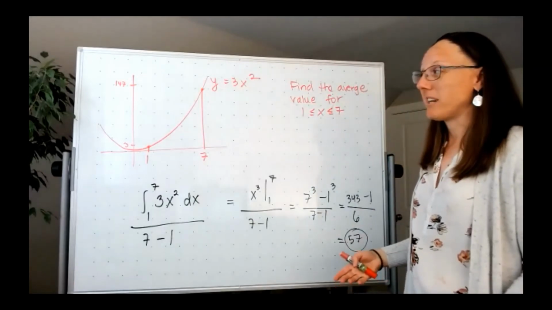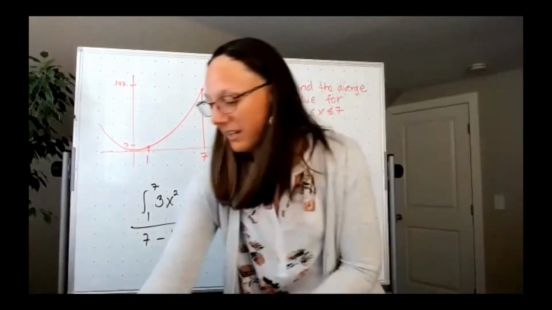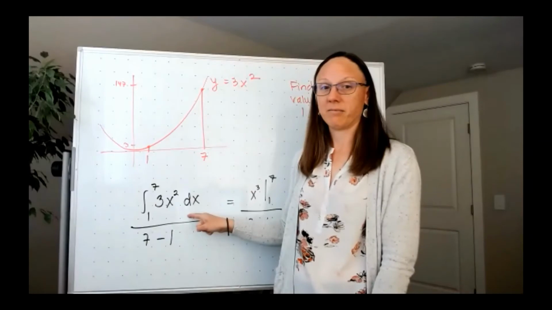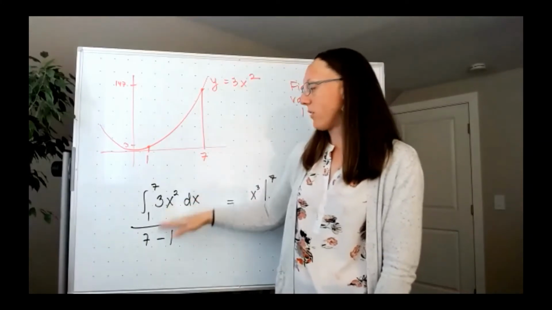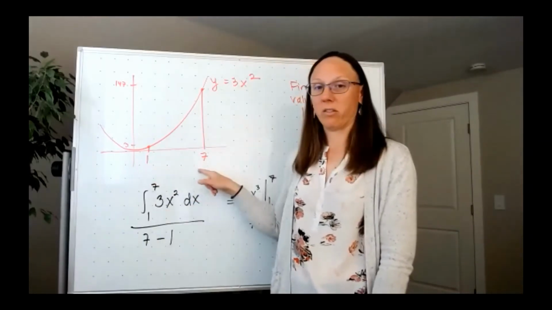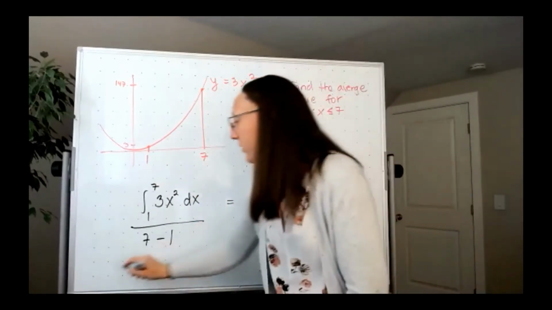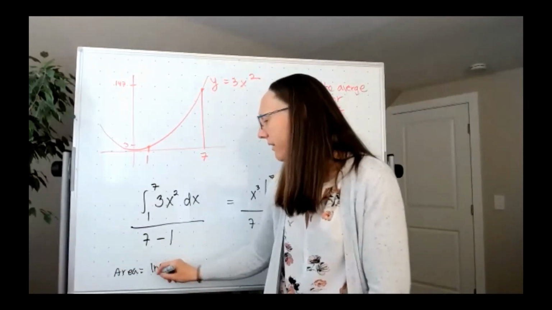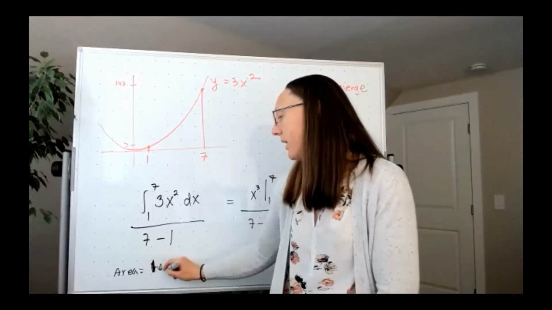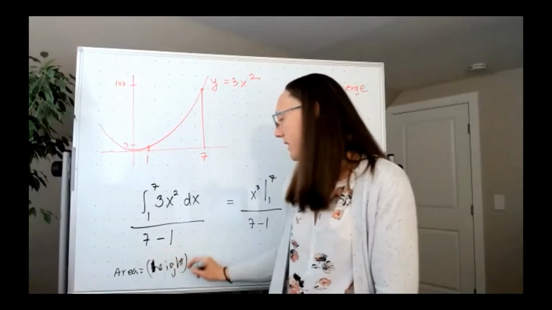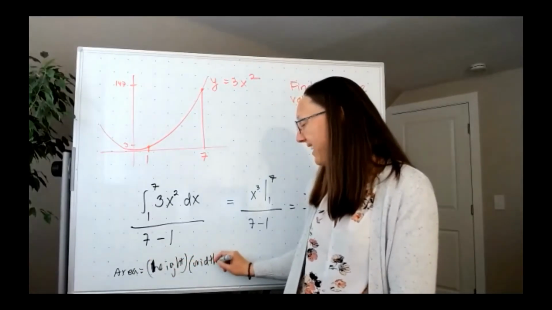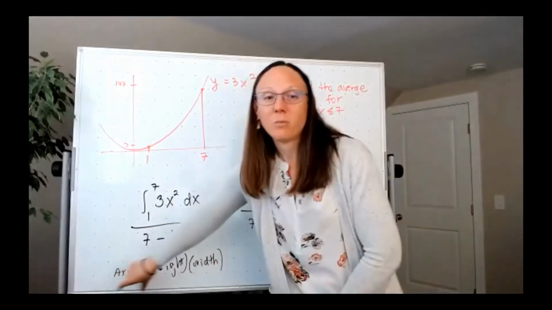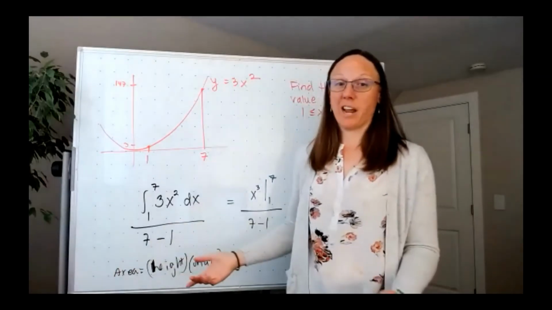The other way to think about this visually is that we took the total area under the curve, and then we divided it by the width. Well, if my area was supposed to be a height times a width, or the base, and I took the area and divided by the width, we're going to get back to that average height.